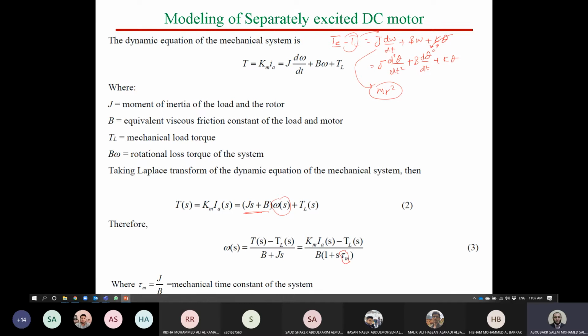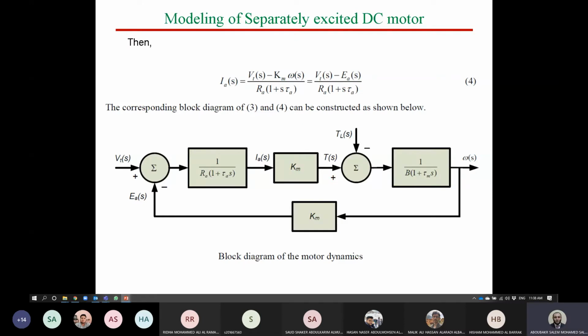So let's now convert these two equations into a block diagram, in order to start making the transfer function and understand how we can make a block diagram for our motor. Let's start with the electrical part. I equals V minus K multiplied by omega S, which is E of S, over R multiplied by 1 plus S tau A. How can we represent this as a block diagram? Simply start with the numerator. V of t will be the input of our motor. So this is the input.